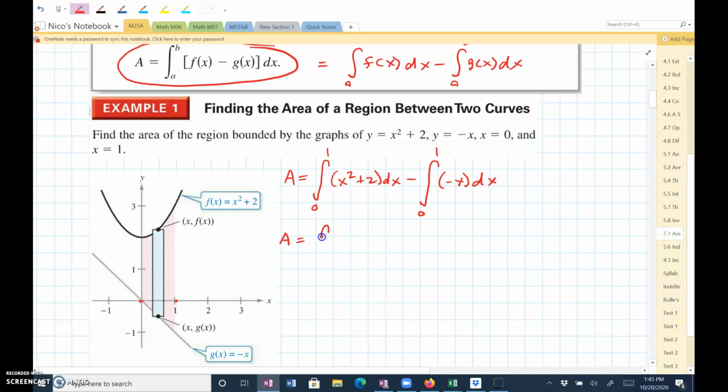Another way we can write this would be the integral from 0 to 1 of x squared plus 2 plus x dx.